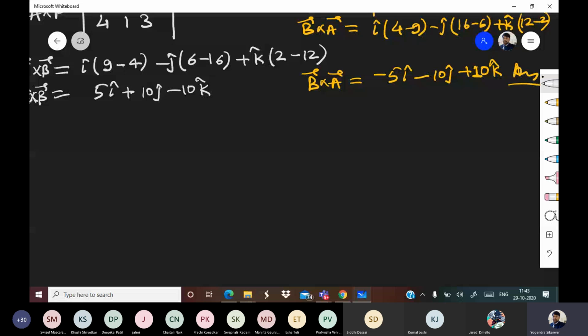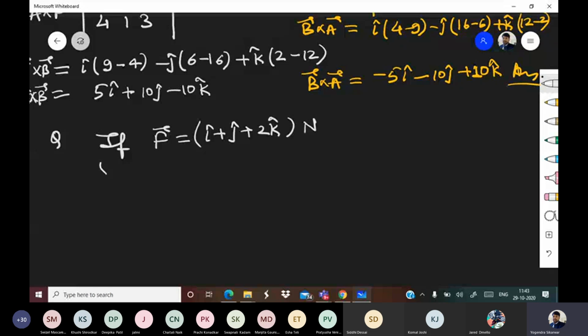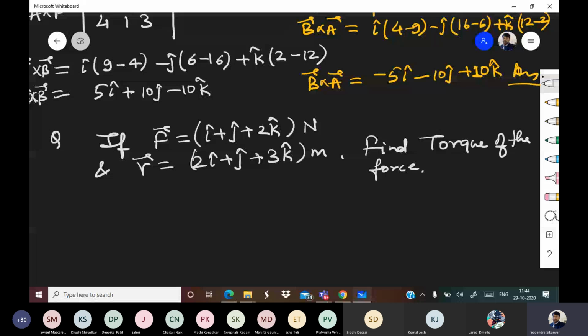If the force vector F is equal to i plus j plus 2k Newton and r vector is equal to 2i plus j plus 3k, you need to find the torque. Good.